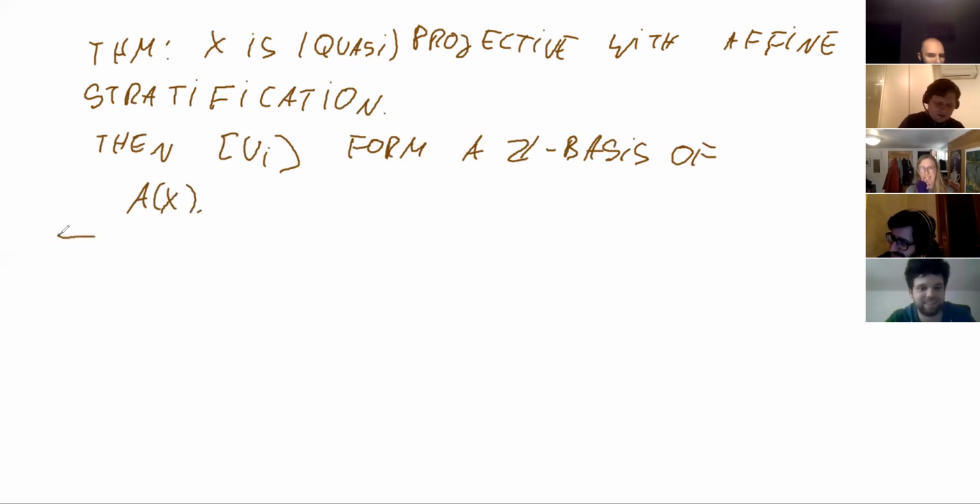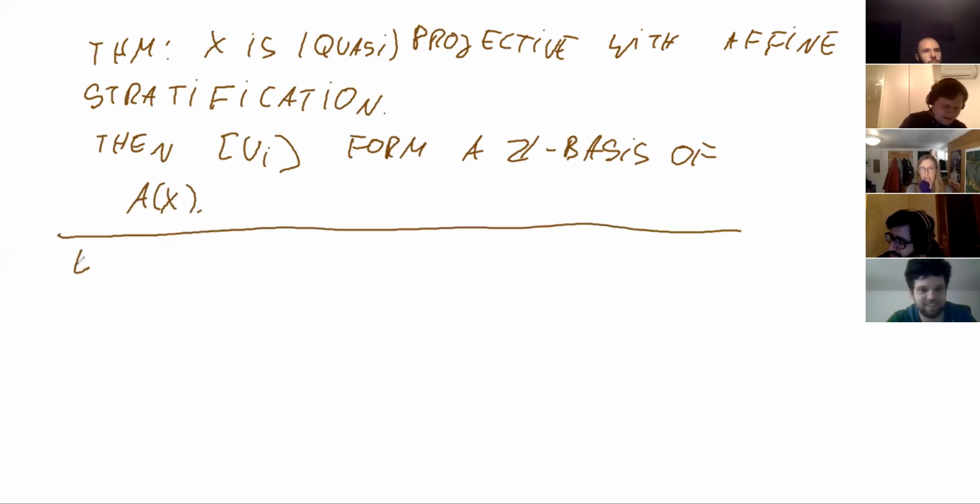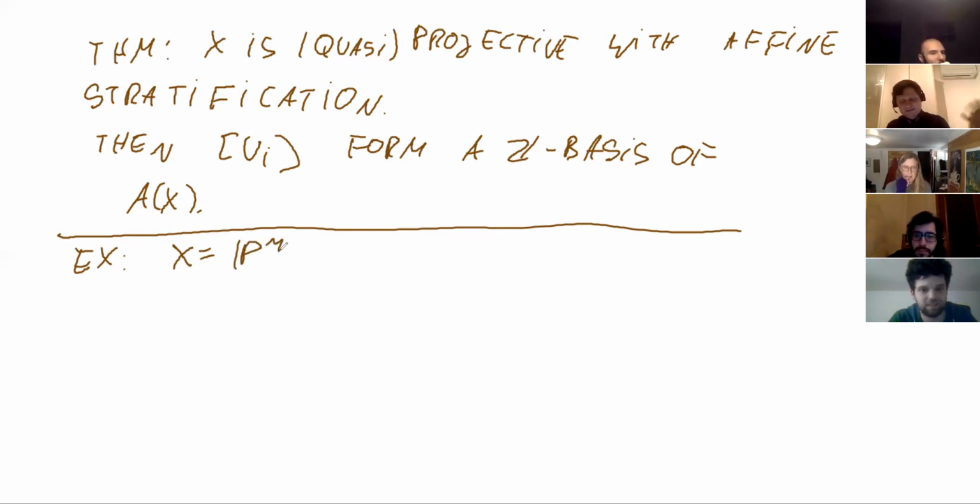So now an example. As always, as an example, we take the projective space. Does anyone know affine pieces in this? Can you somehow cover it disjointly with affine spaces? How would you define Ui, anyone? Points such that something.